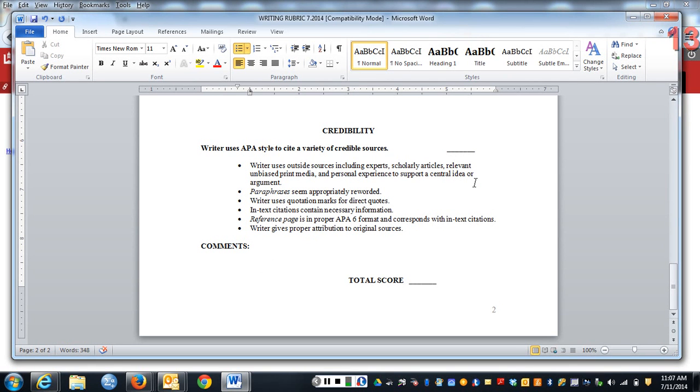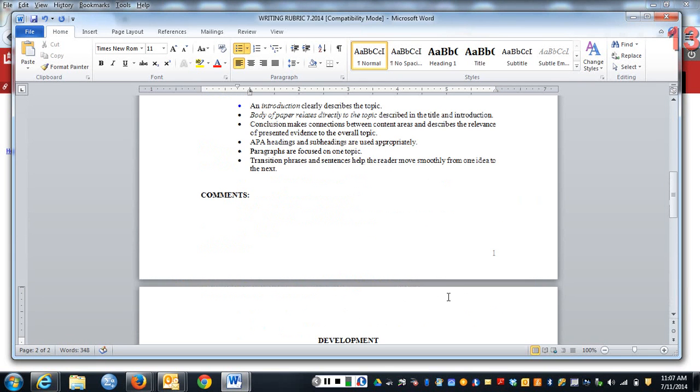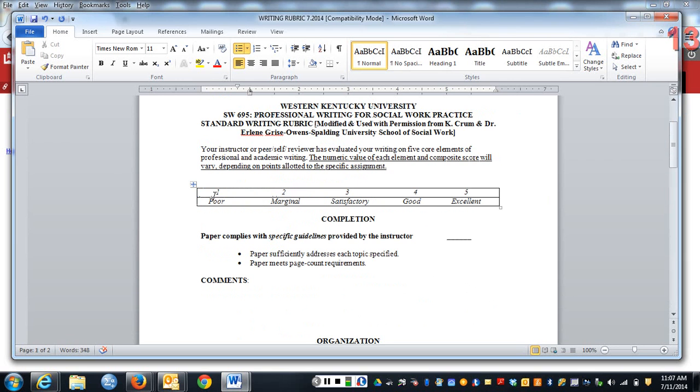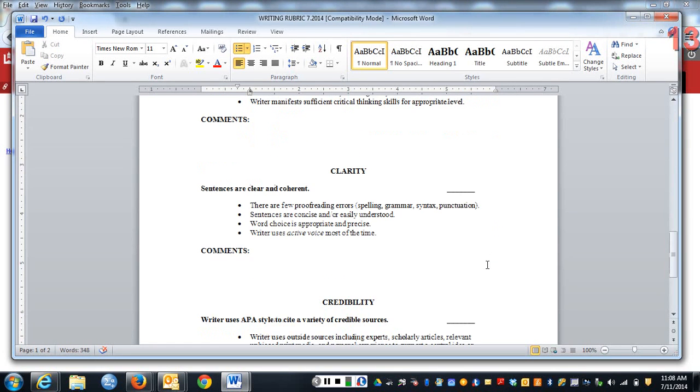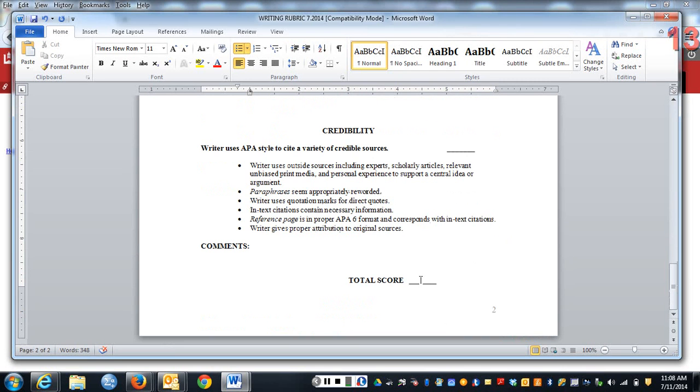I will be using this rubric to show you how it works, and I will give you a score from 5 to 25, because you're going to get at least a 1 even if it's poor, correct? So it will be from 5 to 25, and I'll use this rubric to grade your letter so you'll see how it's used.